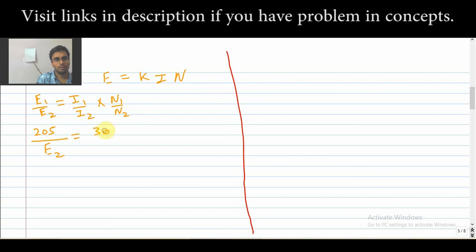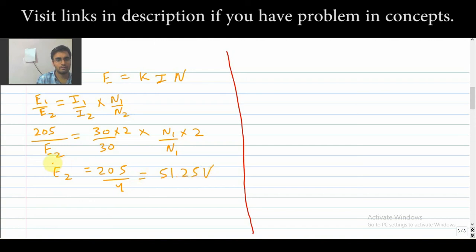I1 you know, 30 amps; I2 you have calculated, that is 30 by 2. And you have got N1, and your N2 is N1 by 2. So you have got E2 as 205 divided by 4, that will come out to be 51.25 volts.